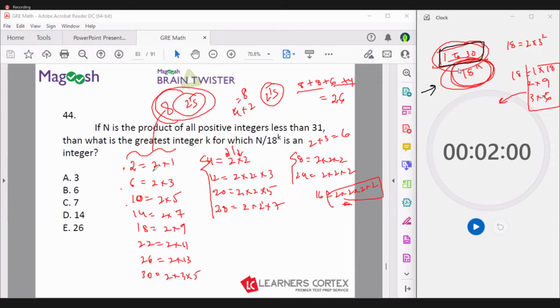So what we can do, we need one 2 and two 3s. This one was already taken, and 3 we have still not talked about. Then this one is already taken. 18 and there, 3 into 6, 3 is not talked about right now.